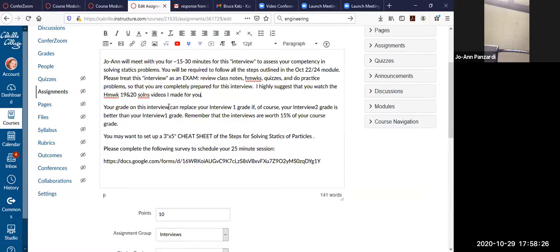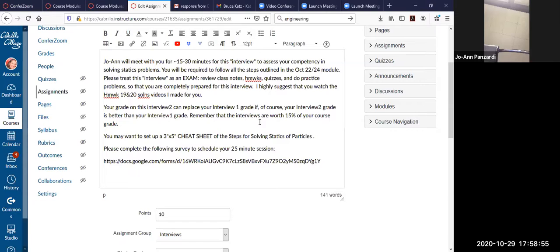Your grade on interview 2 can replace your interview 1 grade, of course, if your interview 2 grade is better than interview 1. I heard from some students that the interview, even though it's worth 15% of the course, they really didn't deem it as an important thing, but more like an office hour. So I want you to know now, from now on, interviews are like tests. So when you do this interview, let's say you got a 6 on interview 1.